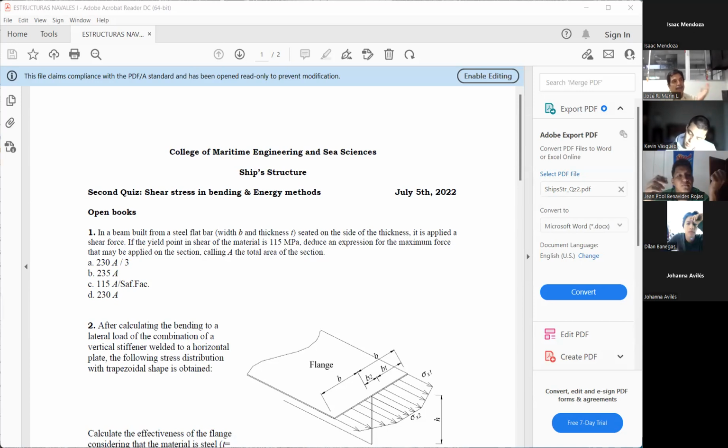We have employed this formula so many times. This is something that should be in here, right?